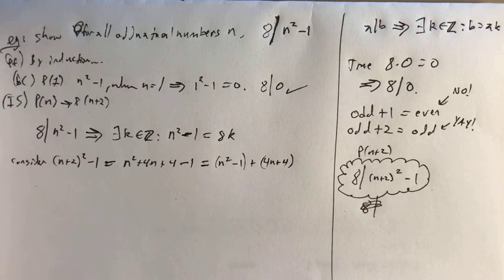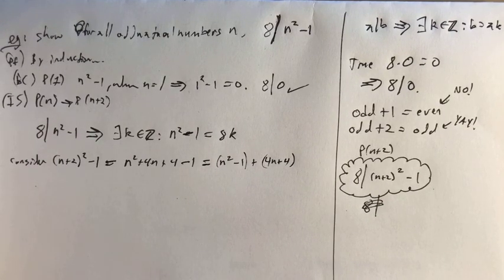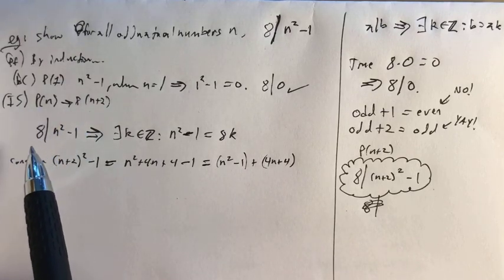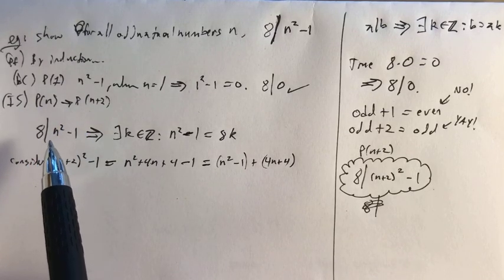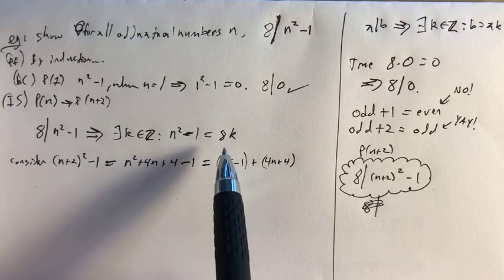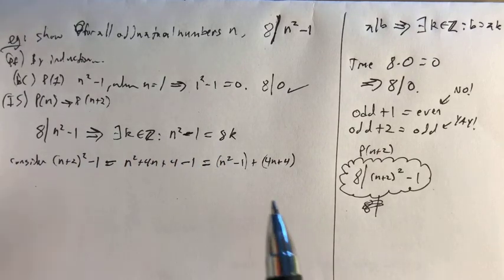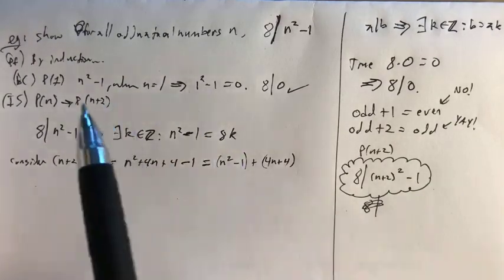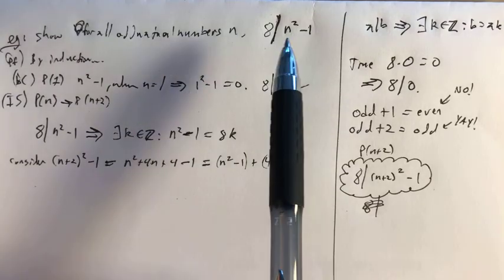Okay, if you're a little lost as to why I just jumped from something that kind of made sense to, okay, divisibility, I remember that from a few weeks ago, but now what does 8k have to do with it, why are we doing this? Okay, let me try to go slowly from where we started to where we are, and then we'll finish it up. So I want to show that 8 divides n squared minus 1.